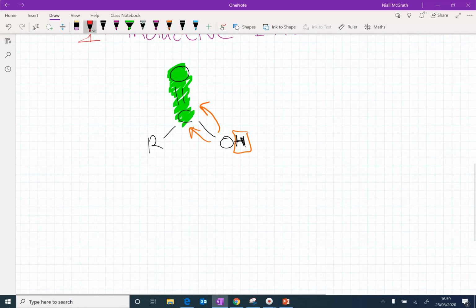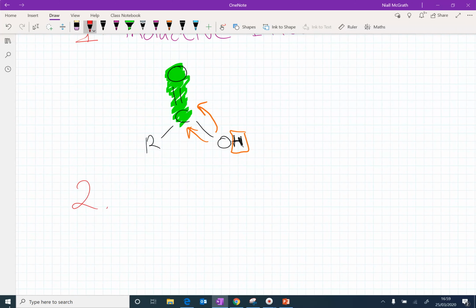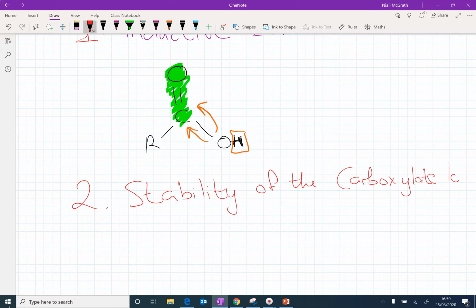The second thing we're going to look at is the stability of the carboxylate ion. Okay, so that is when this H, this proton, has actually been lost. Then you have a carboxylate ion.